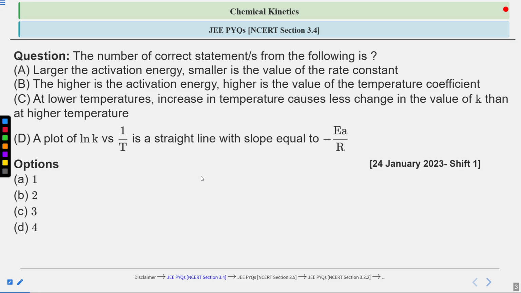This question was in the 2023 JEE examinations.